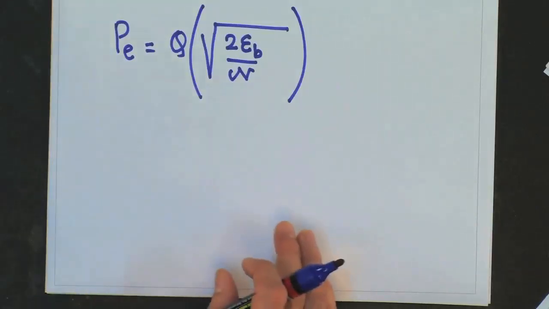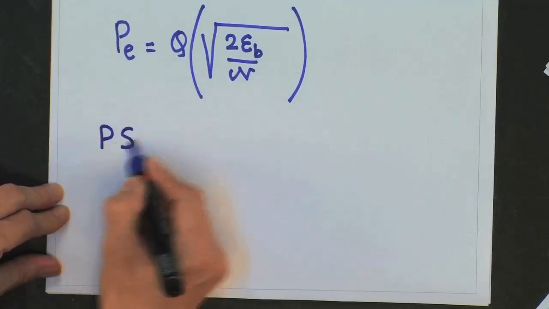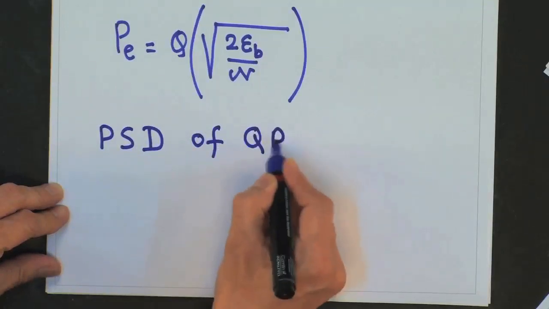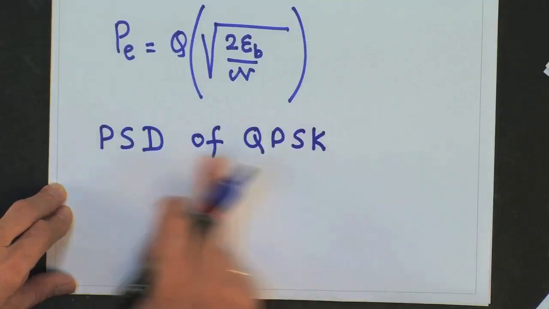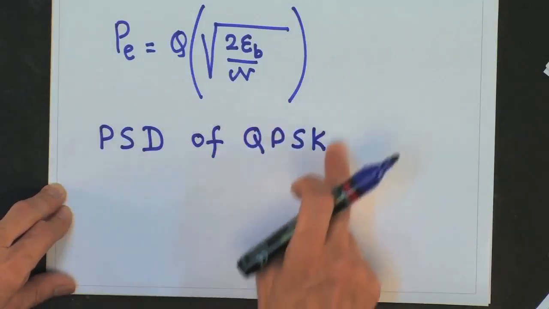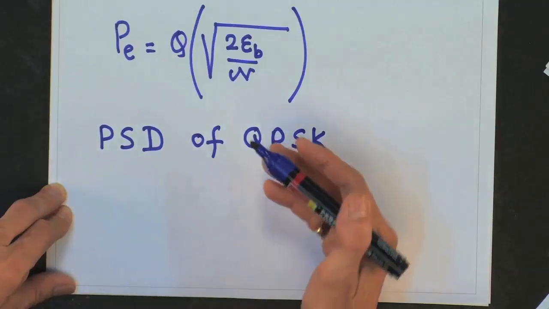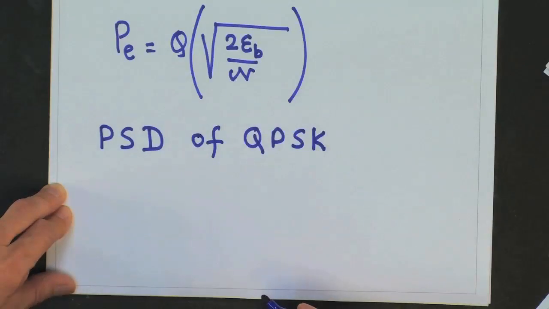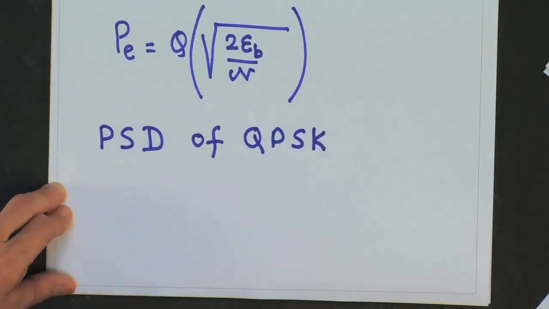So, finally, we have to calculate the power spectral density of the QPSK signal. Now, realize that the QPSK signal is a sum of two BPSK signals and there is a statistical independence of the even and the odd bit streams, which are the two BPSK signals that make up the QPSK signal.